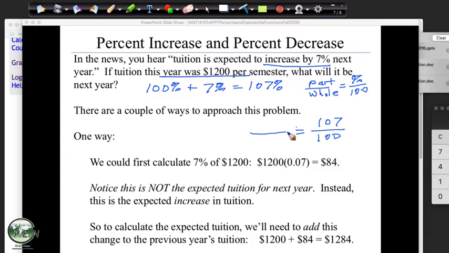This is where it gets a little dicey. What is the whole? 1,200. That goes down here. The part is actually the new amount, but we can see it's got to be more than 1,200 because 107 is bigger than 100. This proportion will work out. This will give us our new tuition right here.